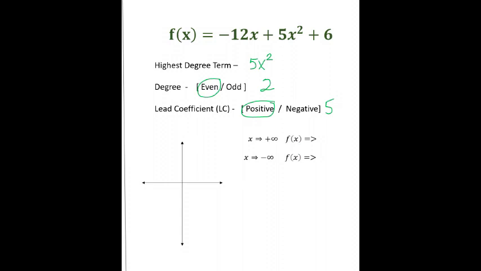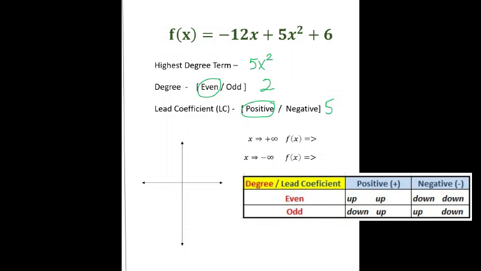So 5x squared is your highest degree term. 2 is your degree, and 2 is even. And 5 is your leading coefficient, which is positive. When you have an even degree and a positive leading coefficient, your end behaviors are going to be up on the left as well as up on the right.